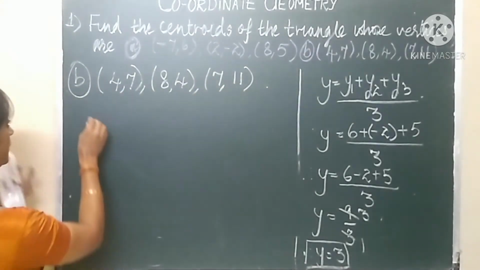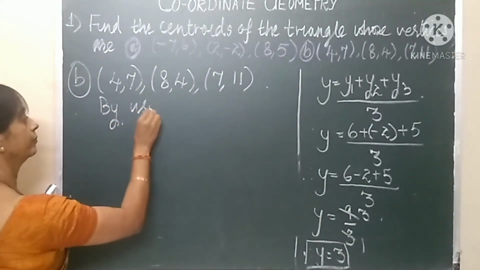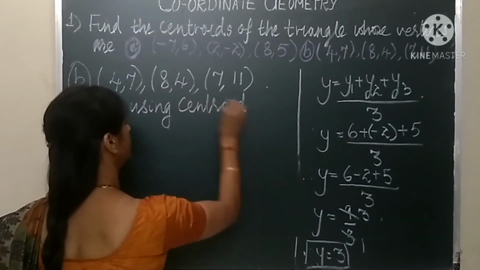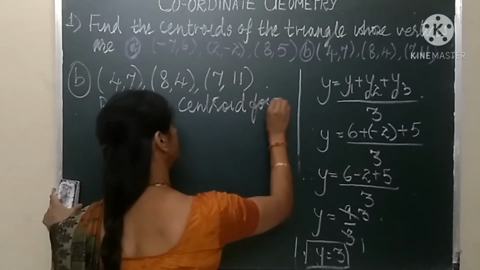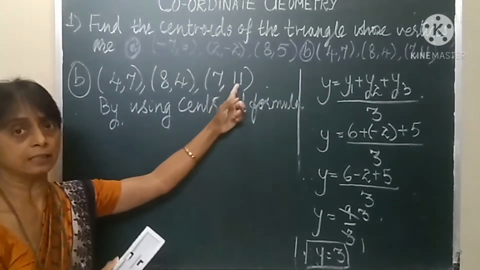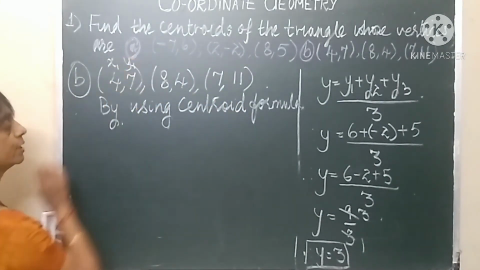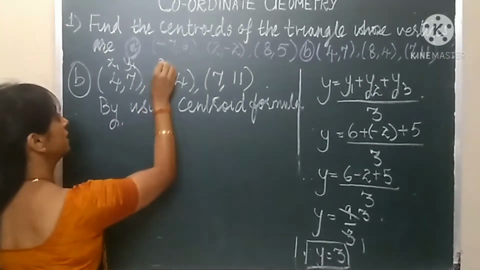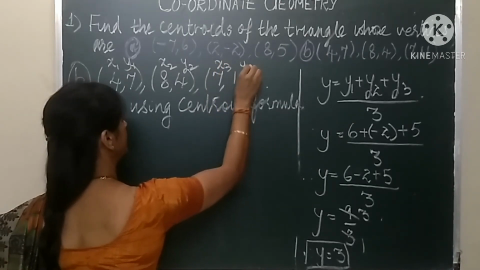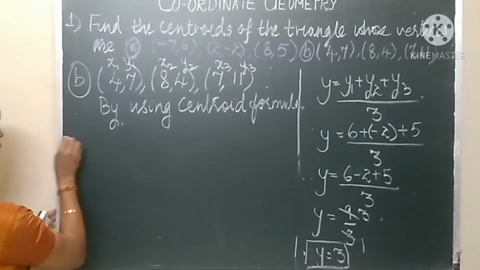So to begin with, again over here by using the centroid formula, what do we assign first? Let's assign the proper variables to the coordinates. So for the first point, you can assign them as x1, y1, x2, y2, and the third one as x3, y3.